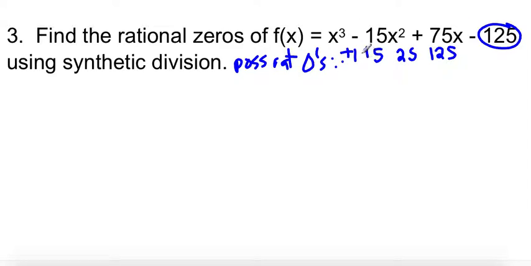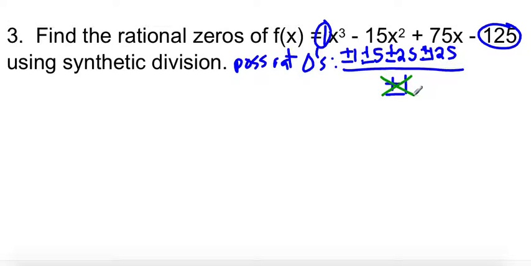Plus or minus. I'm sorry, those are terrible. Can you figure out what I'm saying? Okay. We have to divide that by all the factors of 1, which are just plus or minus 1, which we don't have to worry about.